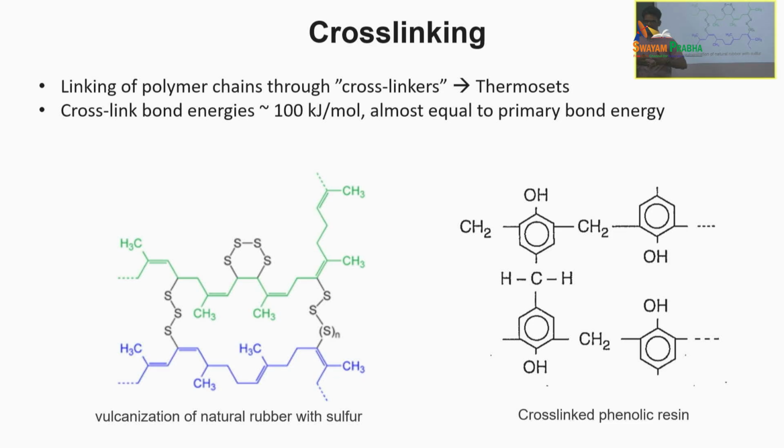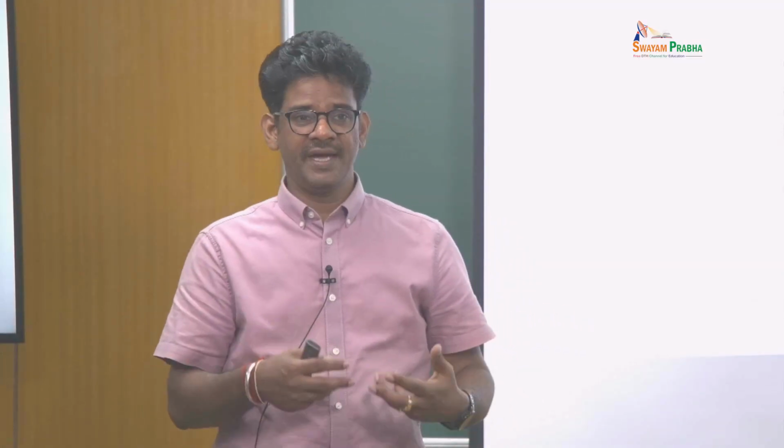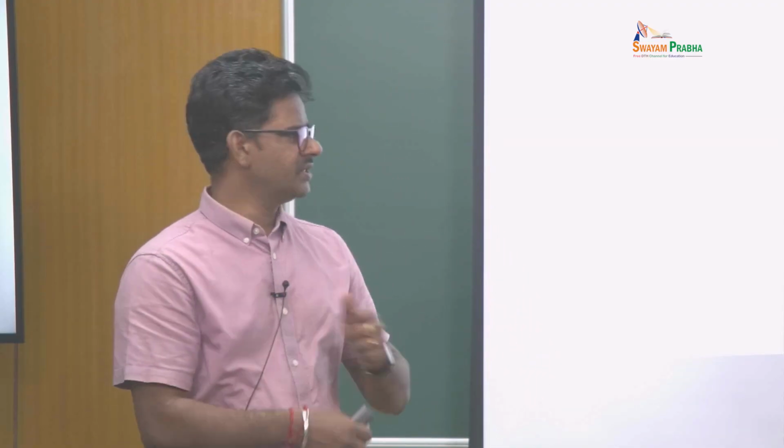So it links the polymer molecules in a 3-dimensional network, and these are strong bonds. These are not weak bonds, they are very strong bonds. In fact, the cross-link bond interactions can be as high as the primary bonds. So in many thermoset polymers, we use this kind of cross-linking to have stronger, thermally resistant, chemically resistant polymers. Rubber is one example.